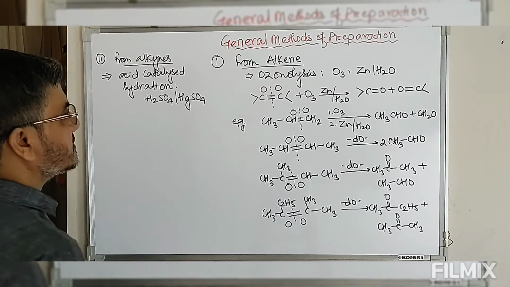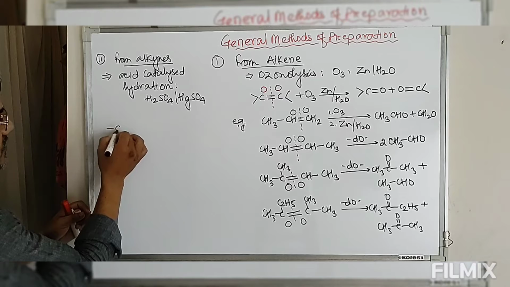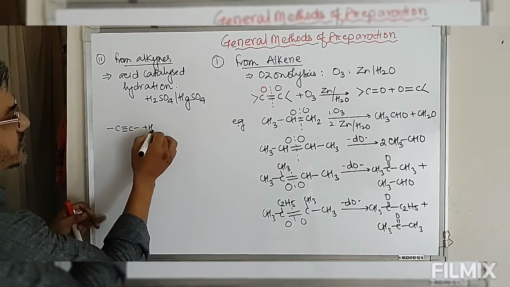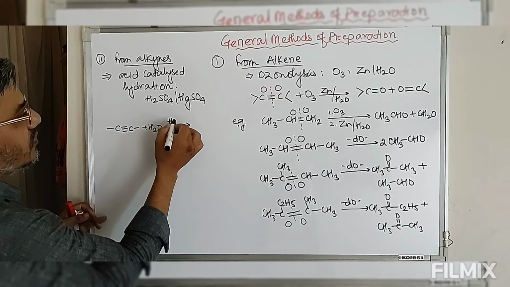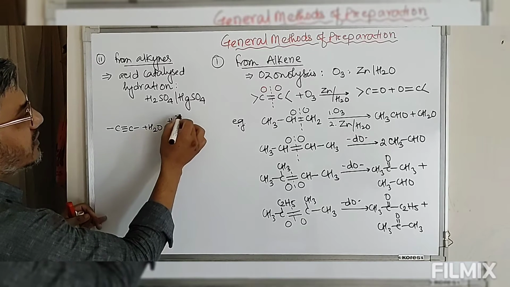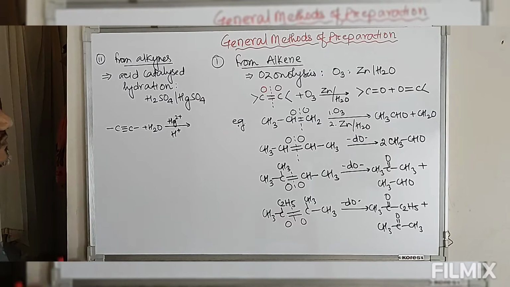So the mercuric ion is used as a catalyst. Look at this, we say this is C triple bond C. Now this reacts with water in the presence of mercuric ion and sulfuric acid.